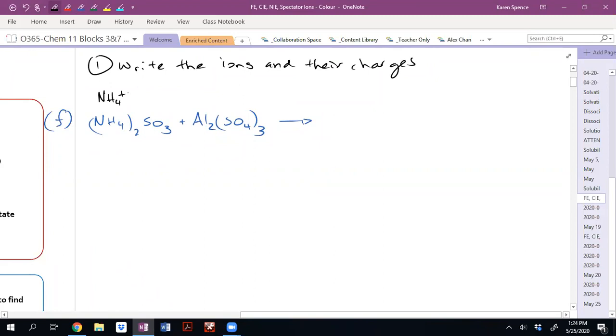You are going to write out SO3, which has a 2 minus charge. You will write out aluminum, which has Al3+. And sulfate, which is SO4, 2 minus.